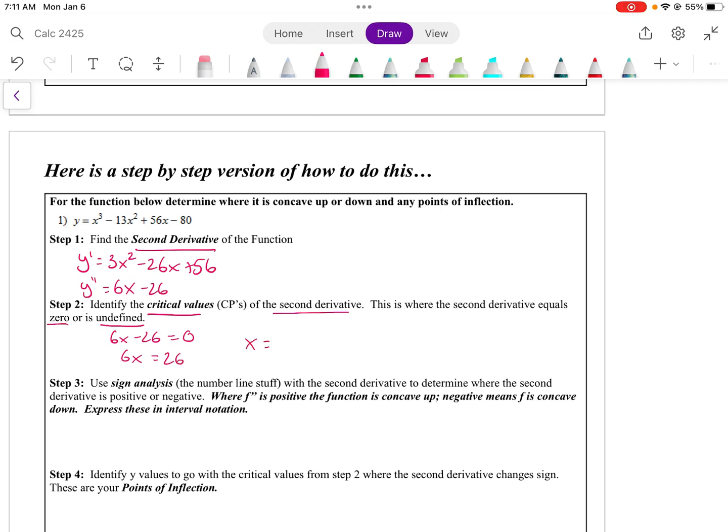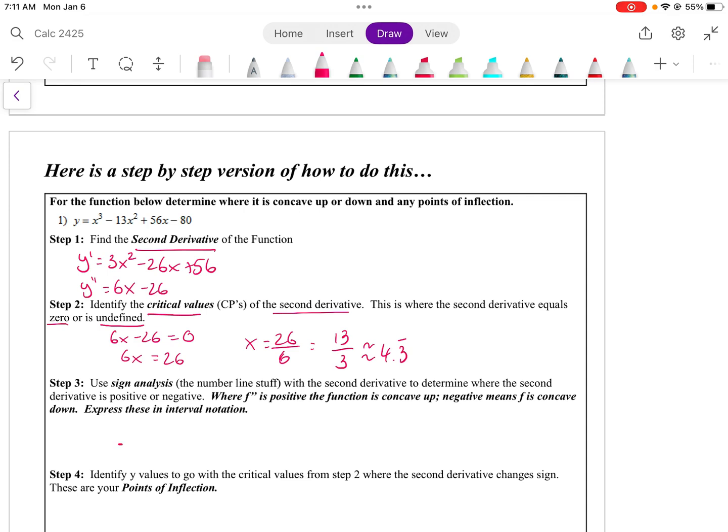So we get 6x equals 26, so x equals 26 over 6. Those are both divisible by 2, so this is 13/3. And if you want to use your calculator to get an approximation of that, you totally can, and you would get about 4.3 repeating.